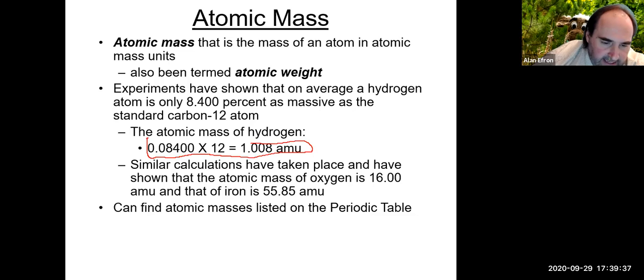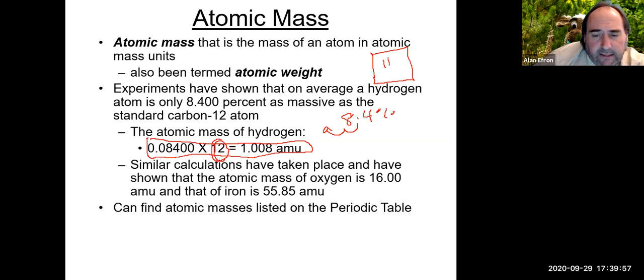If we take 8.4% and convert it into a decimal, moving 2 places to the left, that gives us 0.084 times 12, which is the atomic mass of carbon 12, gives us 1.008. And again, that is the number that you see on the periodic table underneath something like hydrogen. They did similar calculations for things like oxygen, which is 16, iron, which is 55.85. And again, you can find the atomic masses listed up there on the periodic table.